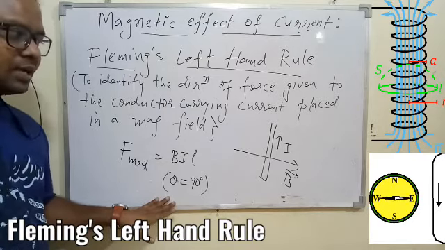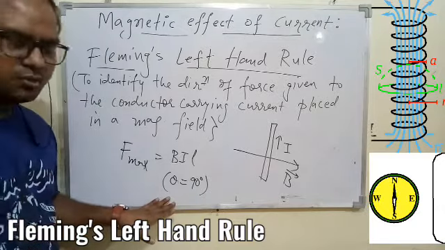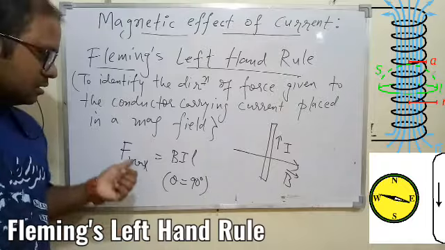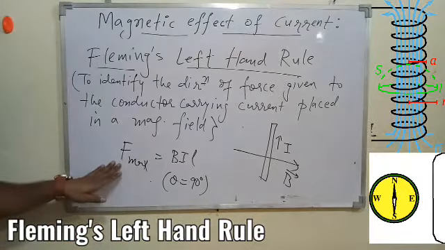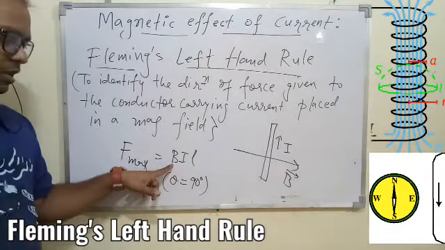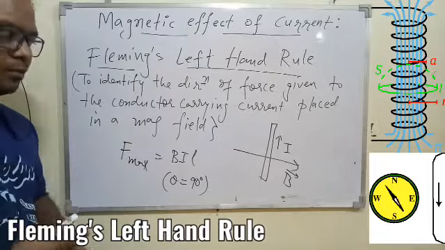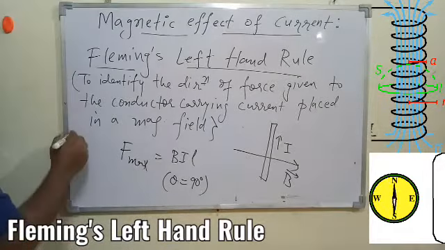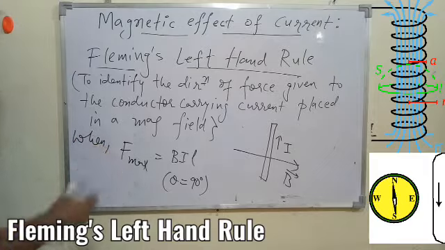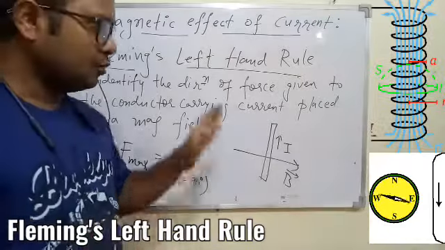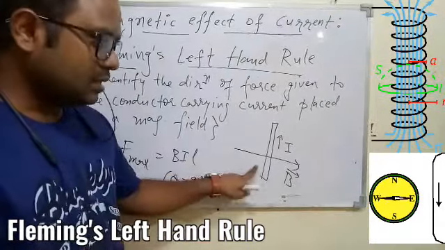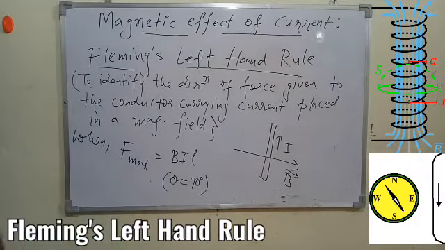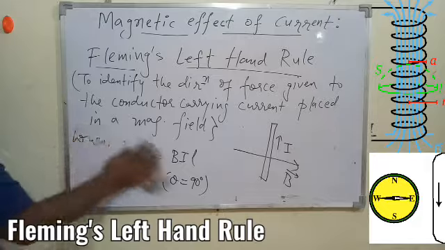Depending upon whether the current is upward or downward, and the direction of the magnetic field, we can identify in which direction this force will be given, because force is a vector, magnetic field is a vector. So overall we are going to talk about the direction of force. F max is BIL. So in all the cases we are going to place this conductor perpendicular to the magnetic field so that the force can be maximum. I hope you understood this much.